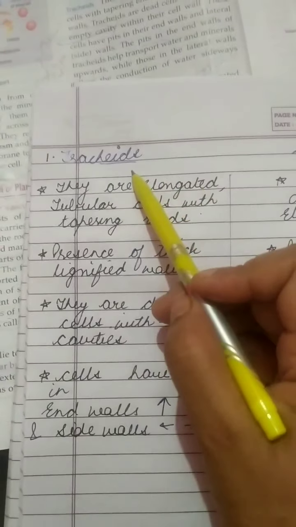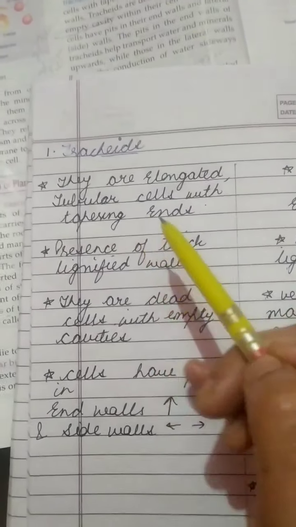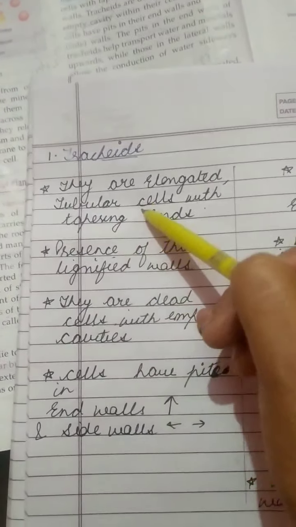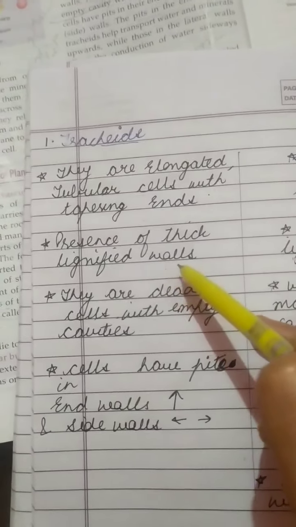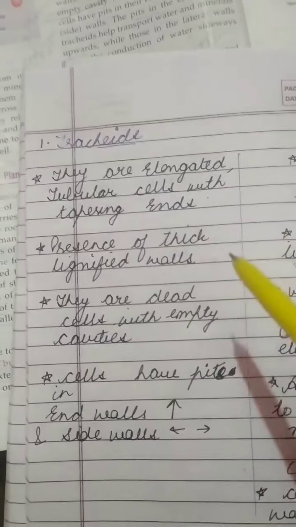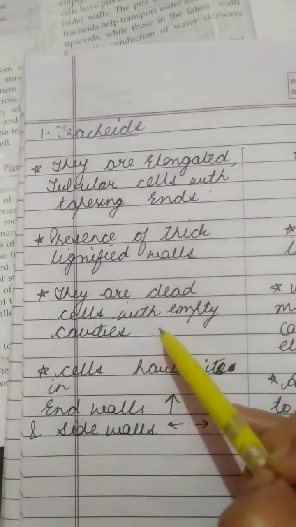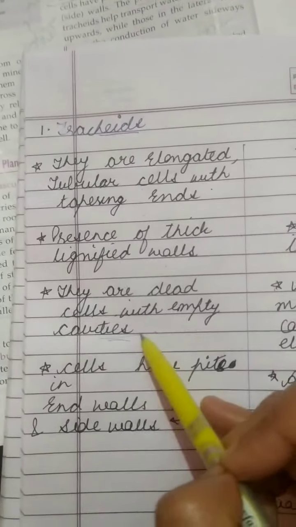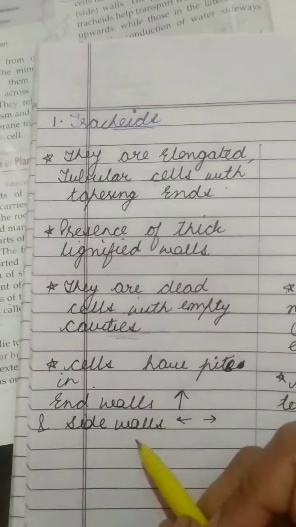Tracheids are elongated tubular cells with tapering ends, and in these cells a thick lignified wall is present, which gives thickness to the tracheids. They are dead cells with empty cavities inside them, and these cells have pits in their end walls and side walls.